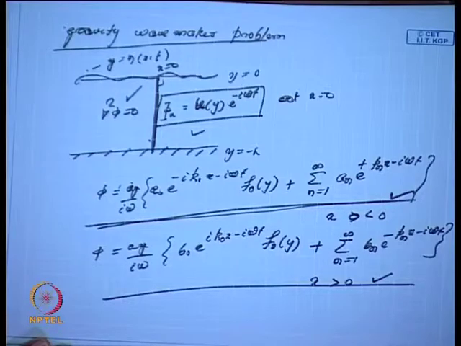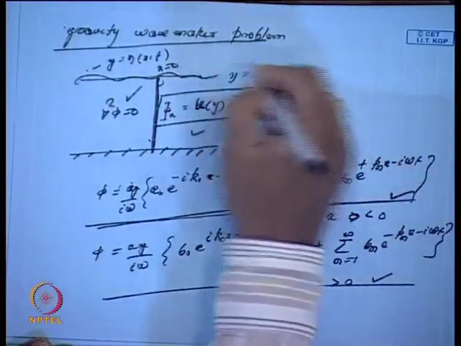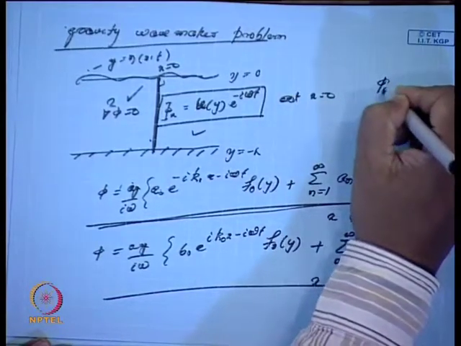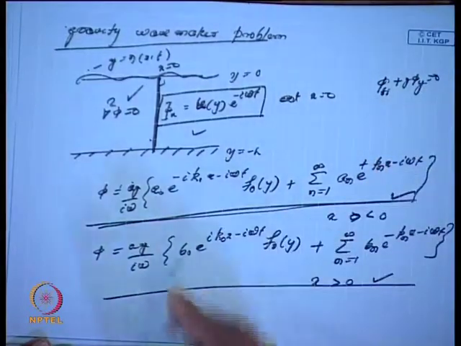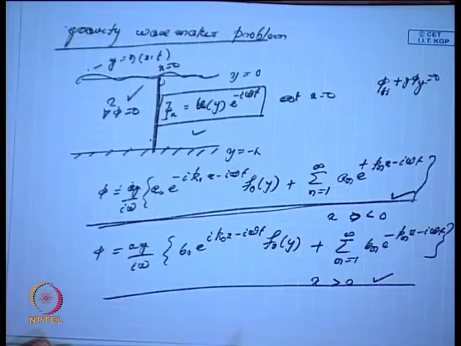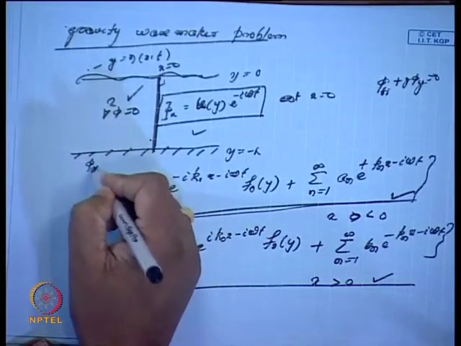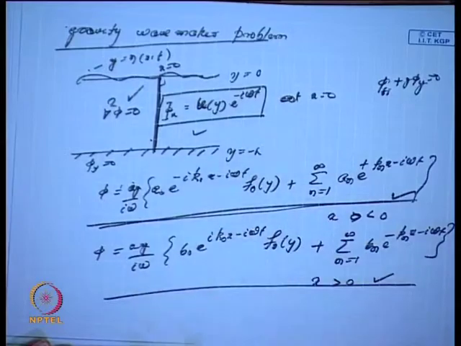Now, the main problem remains, and this phi will satisfy the free surface condition at y is equal to 0, phi t t plus g phi y is 0. Both of these phi satisfy the Laplace equation in the fluid domain, and also they both satisfy phi y is 0 on y is equal to minus h.